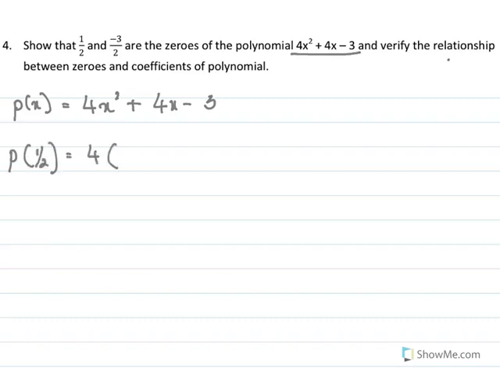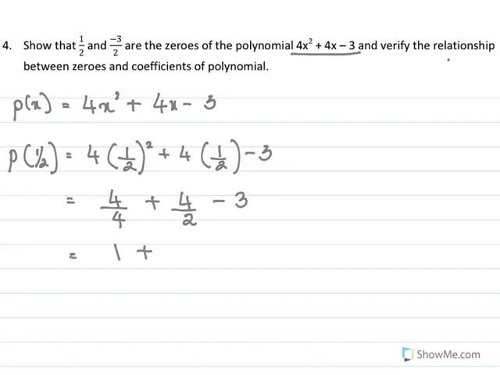Wherever there is x, we put 1 by 2. 4 times (1 by 2) square, plus 4 times 1 by 2, minus 3, which is 4 over 4, plus 4 over 2, minus 3, 1 plus 2 minus 3. So p of 1 by 2 equal to 0. Therefore, 1 by 2 is a zero of the polynomial.